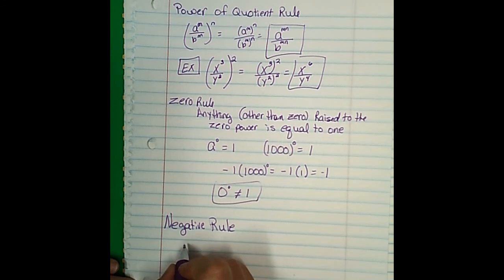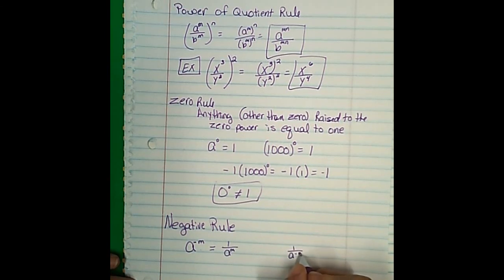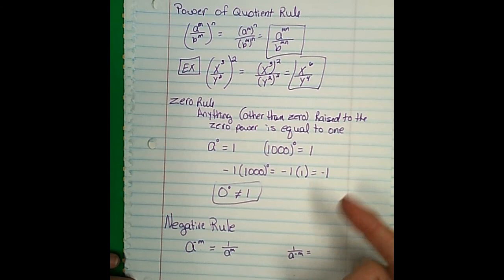So this rule says that you're going to have to do the reciprocal or flip in order to make the power positive. So if I have a raised to negative m, I'm going to do the reciprocal or flip it to where my power becomes positive. If it's already in fraction form, I'm just reflipping it or writing the reciprocal.